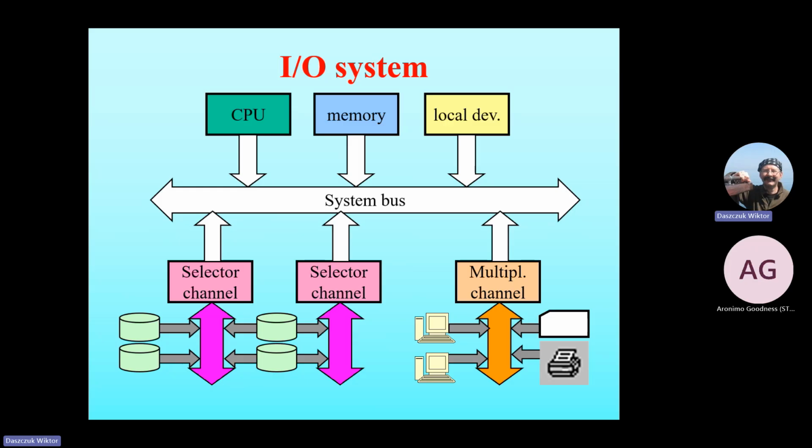Those channels were much more intelligent than nowadays. It was possible to order the controller to copy an entire file on the disk without intervention of the CPU. However, it needed to split operating system activities into processor programs and channel programs, because those channels were in fact processors.